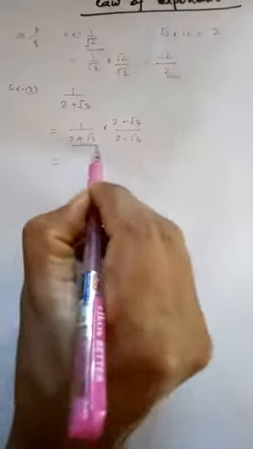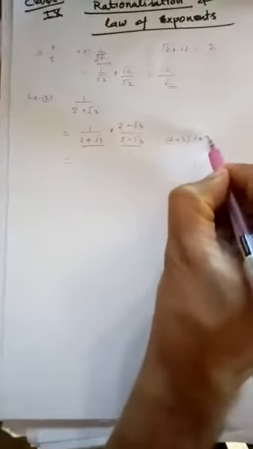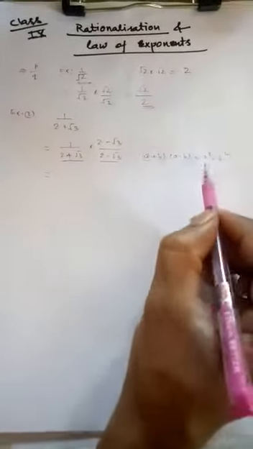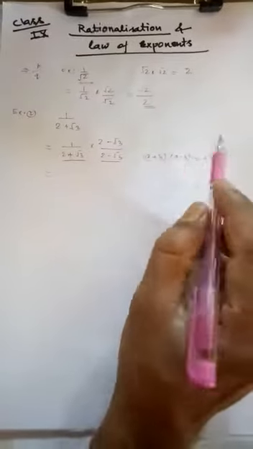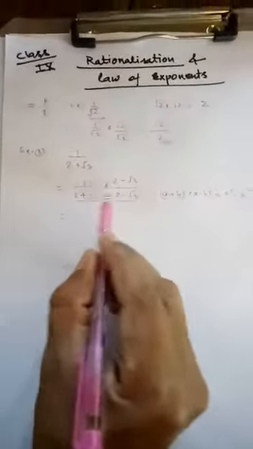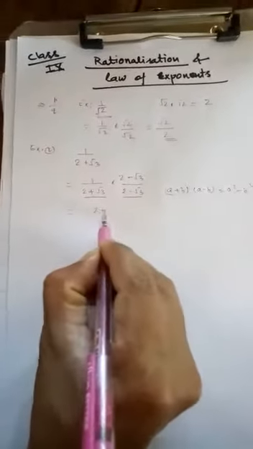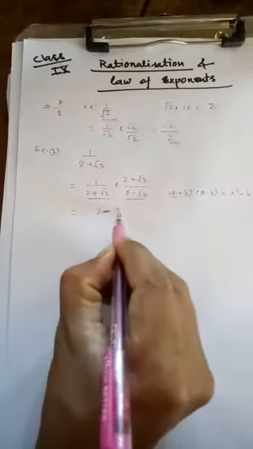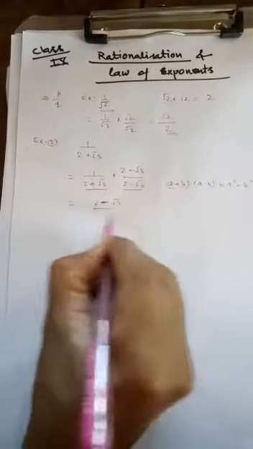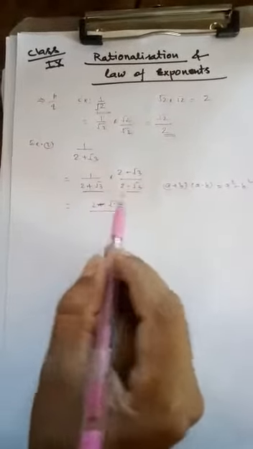Why are we doing it this way? In the denominator, let's see, a plus b into a minus b gives a square minus b square, and we know that while squaring any irrational quantity we get a rational number only. So in the numerator we have 2 minus root 3, upon, in the denominator, a square minus b square.